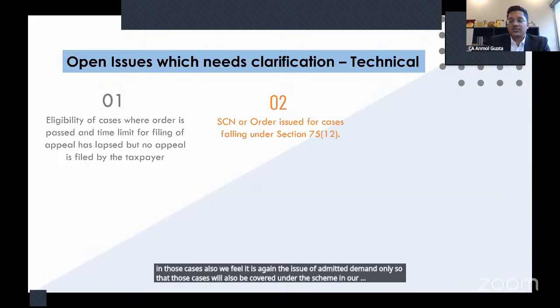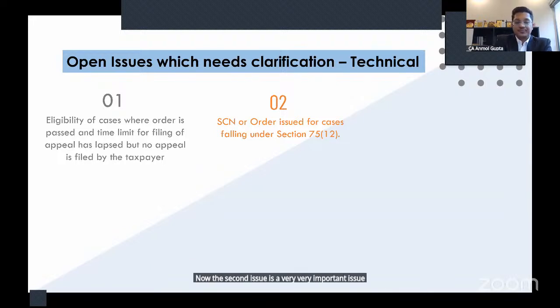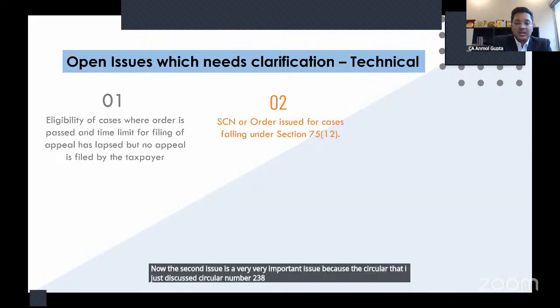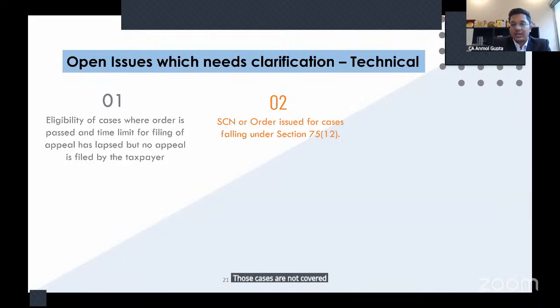Now the second issue is a very, very important issue, because the circular that I just discussed, circular number 238, has given a clarification which is nowhere in the GST law. It has stated that those cases which are covered under section 75(12) are not covered under section 128A. Now let us understand what is section 75(12).